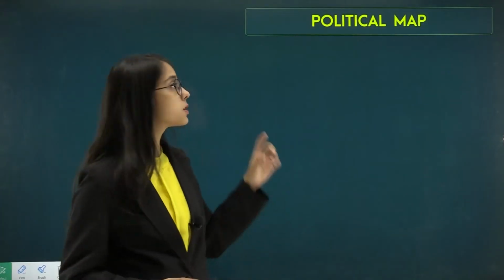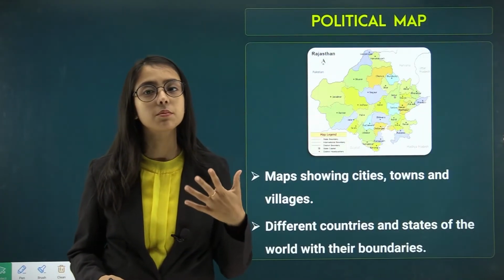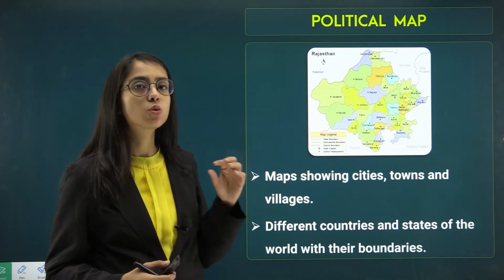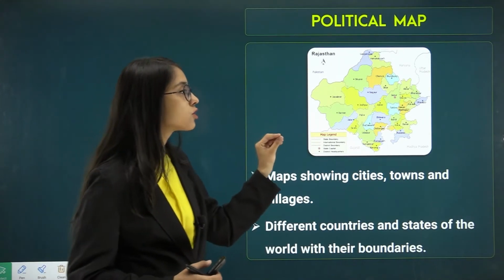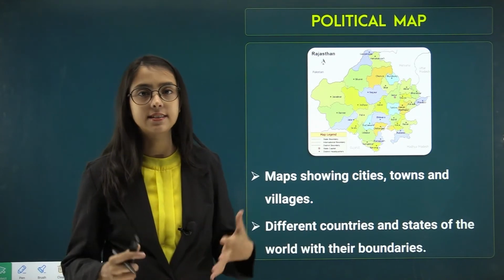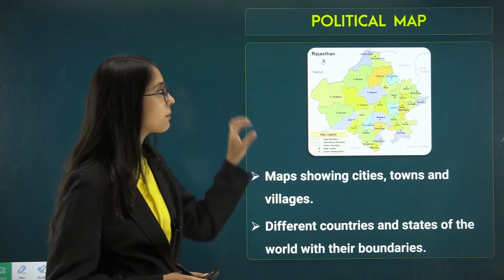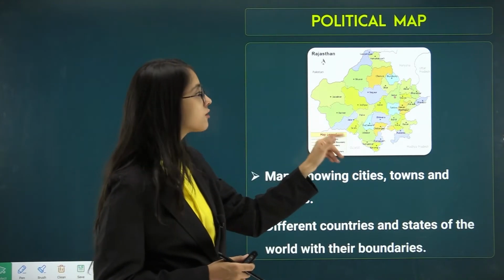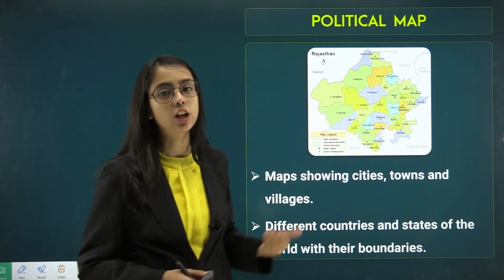The next form of map is a political map. Now, what do you understand by a political map? Political maps usually show us the division of different cities, regions, states, etc. Here is a political map of the state of Rajasthan, and this political map shows us the division of each city in the state of Rajasthan.